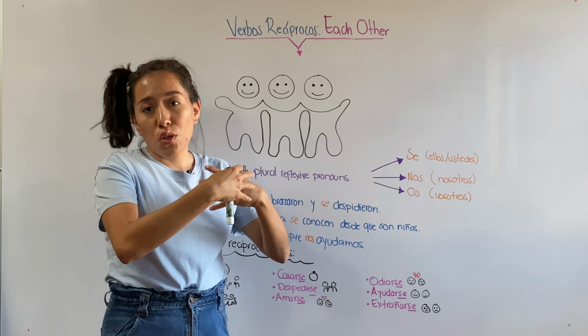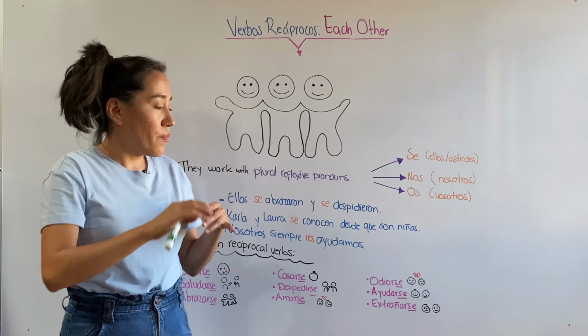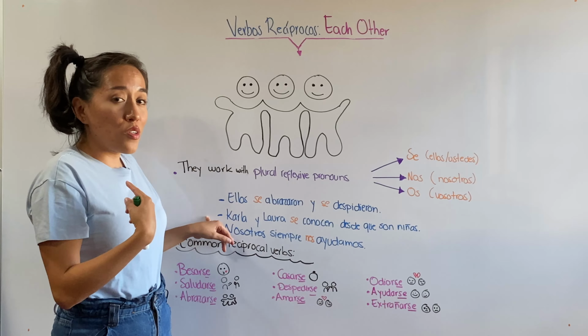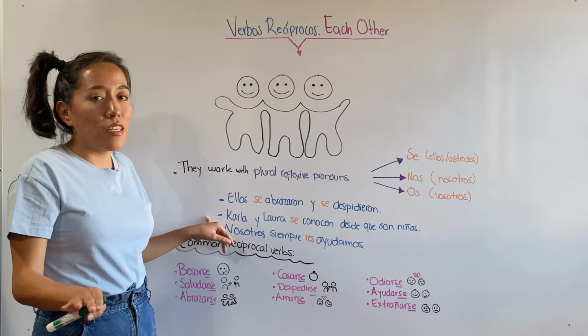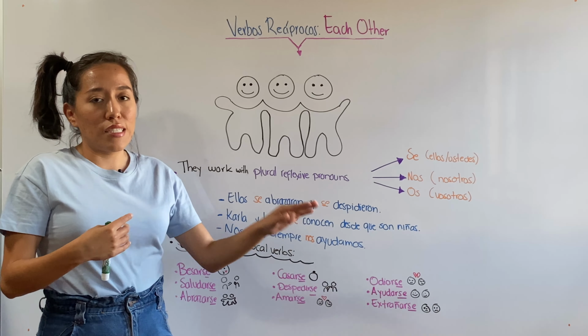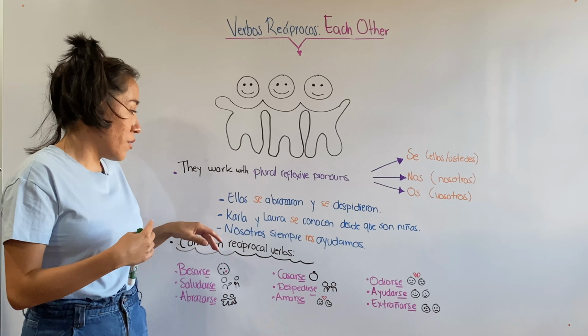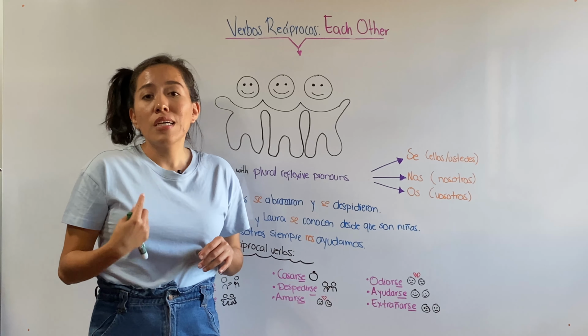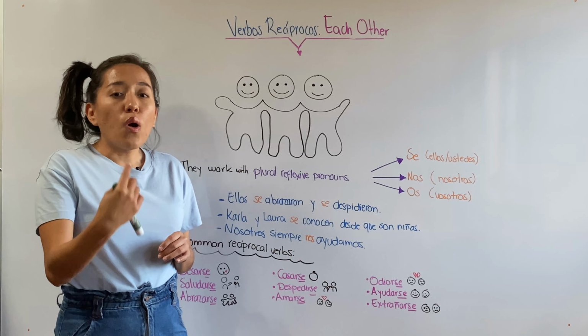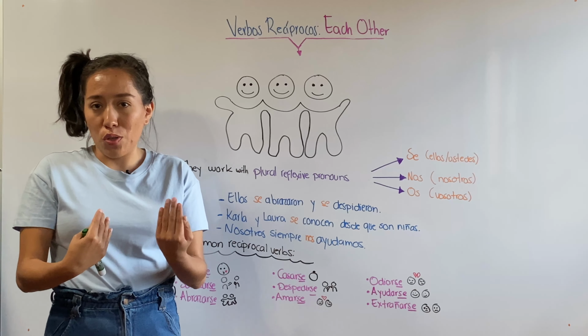They hugged each other and they said goodbye. The second one, "Carla y Laura se conocen desde que son niñas." Carla and Laura have known each other since they were little. The third one, "nosotros siempre nos ayudamos." We always help each other.